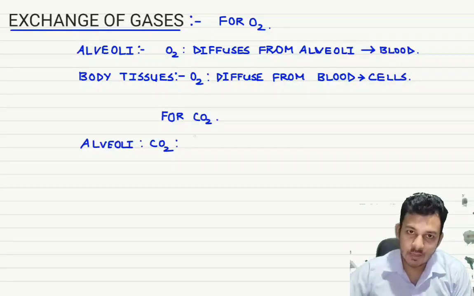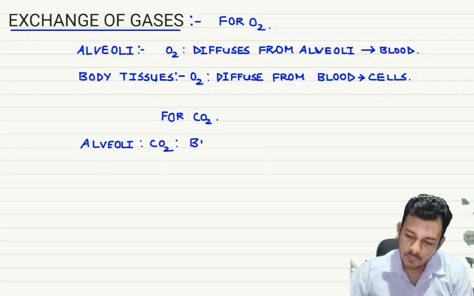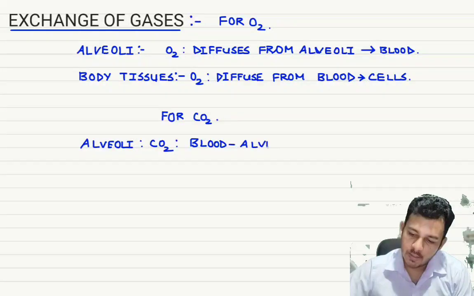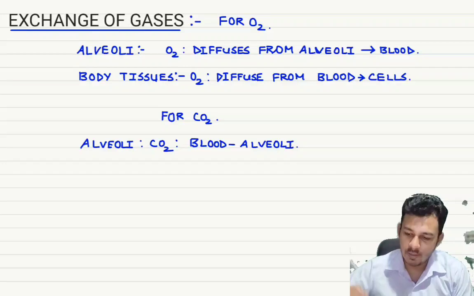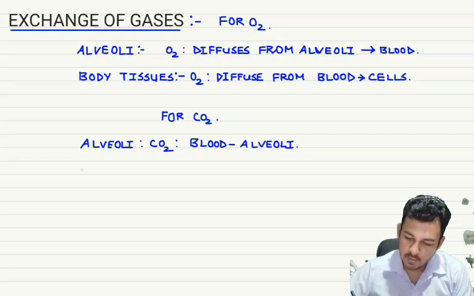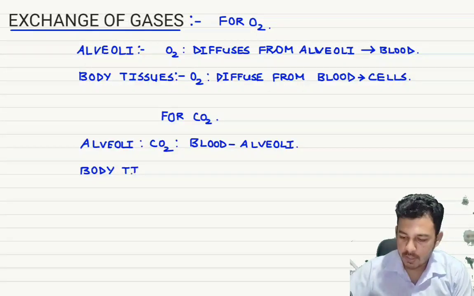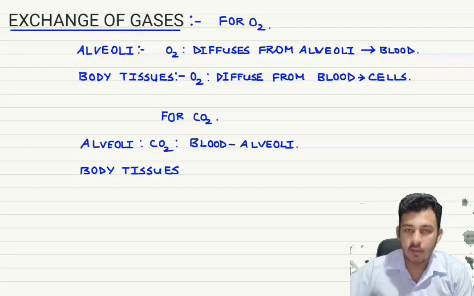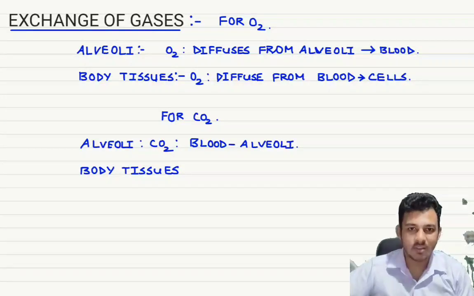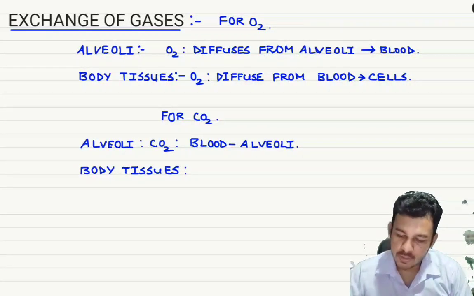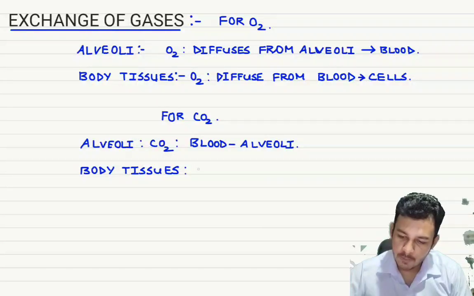So the diffusion occurs from the blood to the alveoli, and then from the alveoli it will be expired out into the environment. And for body tissues, since the amount of carbon dioxide would be higher in the body cells due to respiration, the gradient will be from the cells to the blood.